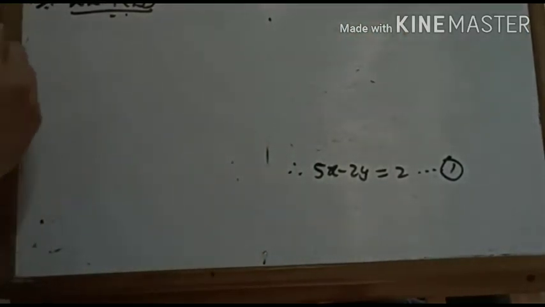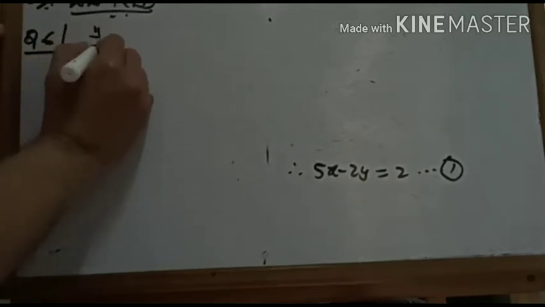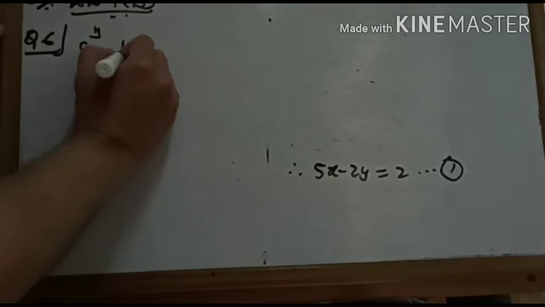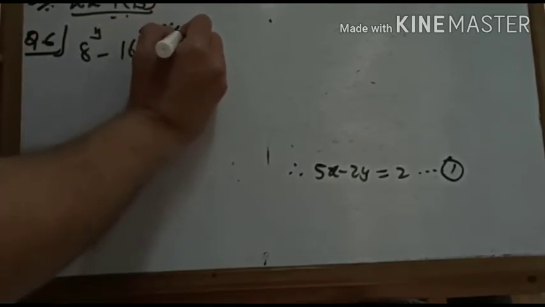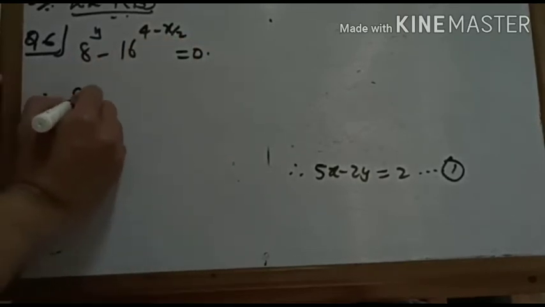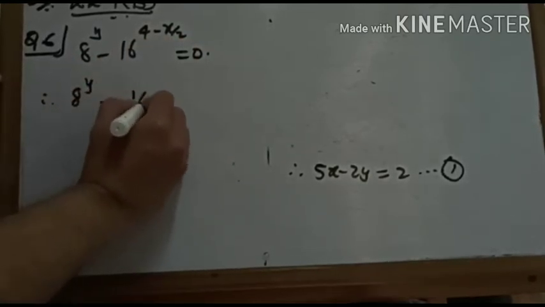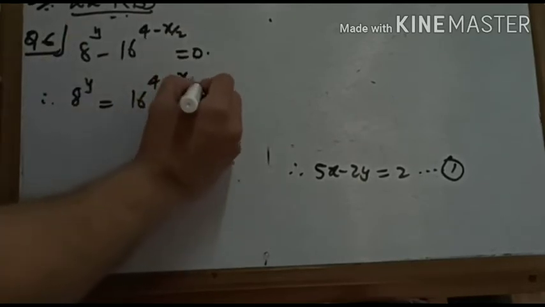The second equation mentions that 8 raised to y minus 16 raised to (4 minus x) upon 2 is equal to 0. What I'm doing is I'm making two separate sides. Negative 16 goes on the other side, so positive 16.